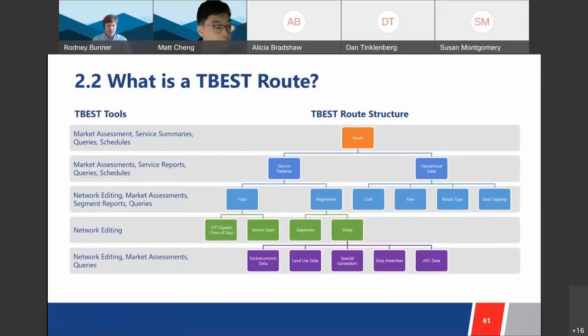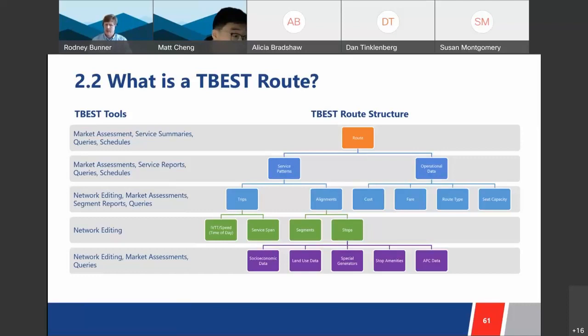So at the route level, you have a market assessment, service summaries, queries. You can look at schedules. And then if you go down to the next level, you have service patterns. So those are your individual patterns that make up the route.